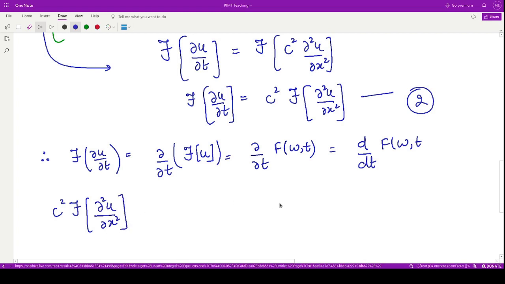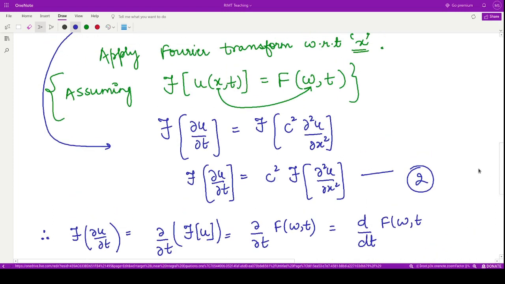Now you must have studied this formula for double derivative. So if we are to calculate the double derivative of some function, it would be equal to minus iota omega raised to power 2, because here we are having double derivative, into the Fourier transform of this function u, which is capital F of omega t, right?